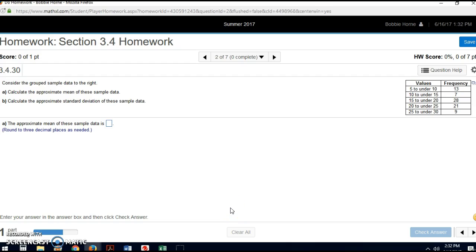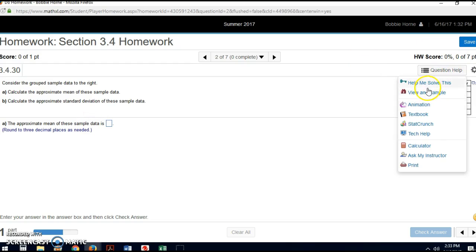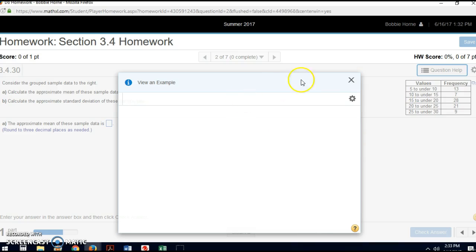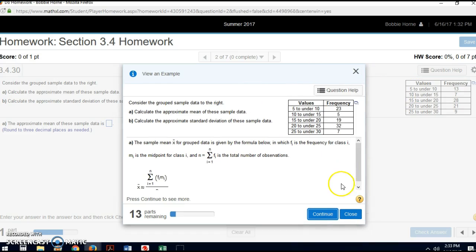Okay, in section 3.4, I'd already made one video, but I wanted to emphasize that you must round to 3 decimal places as needed. And what that means is don't just round your final answer.